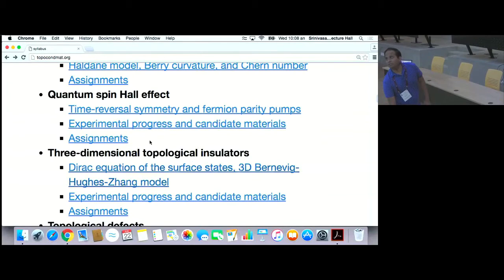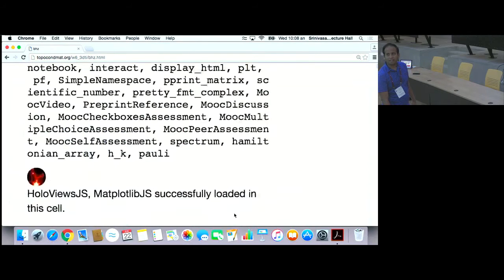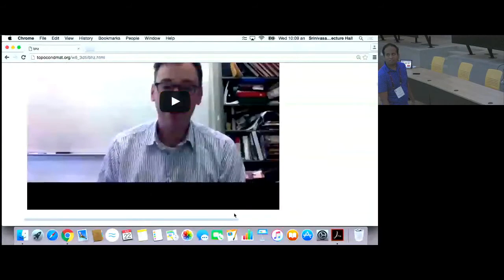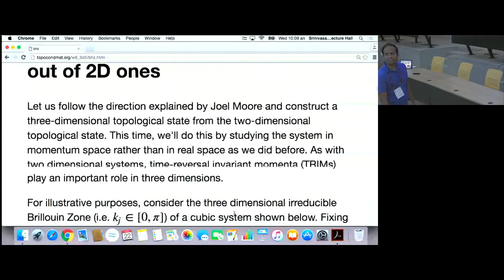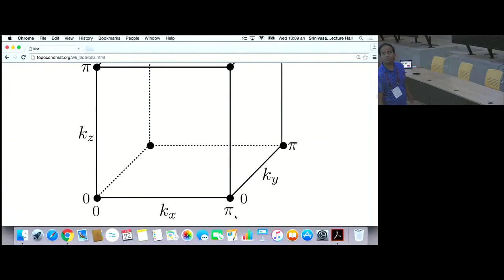So the next story is 3 dimensions. And I have to say that the history here is also kind of interesting. Here's my Brillouin zone in 3D.